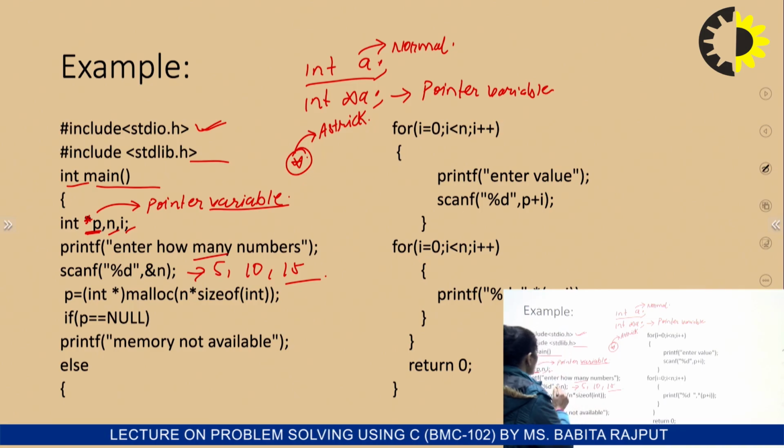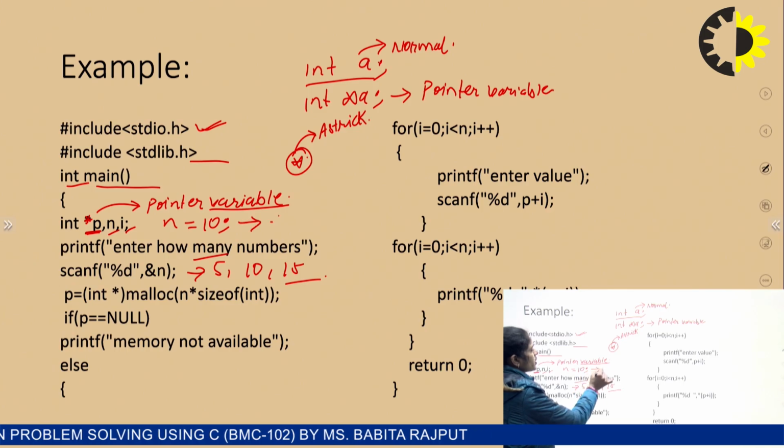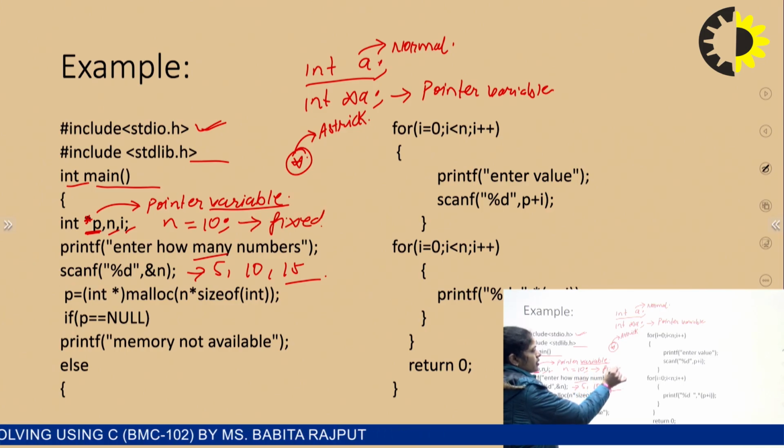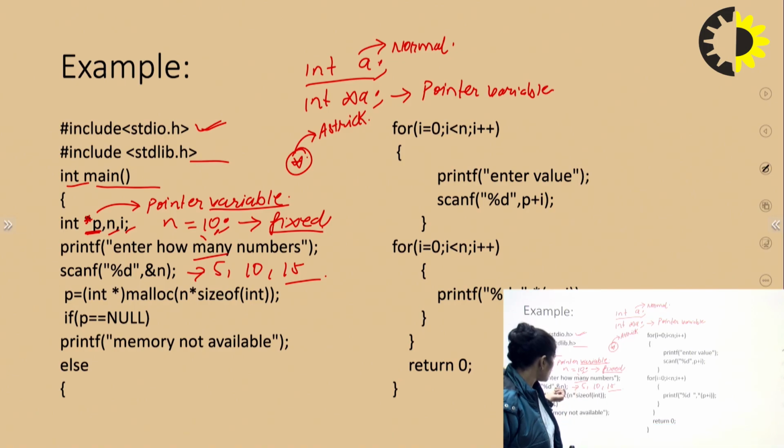If I declare n equal to 10, that is fixed, and at runtime I am only storing 10 values. But n here is a variable number that will be decided at runtime. It may be 5, 10, or 15. As per the requirements, you can initialize n.